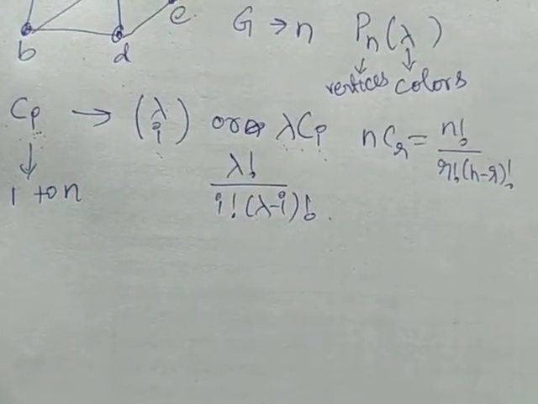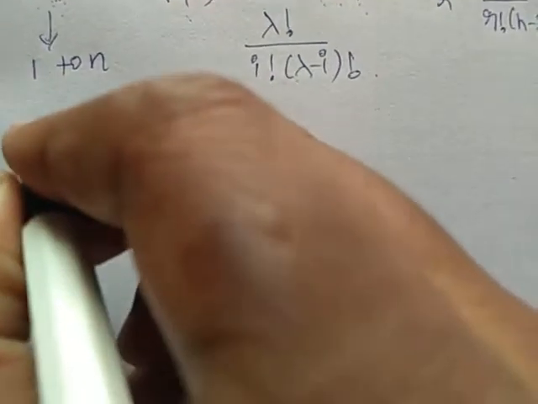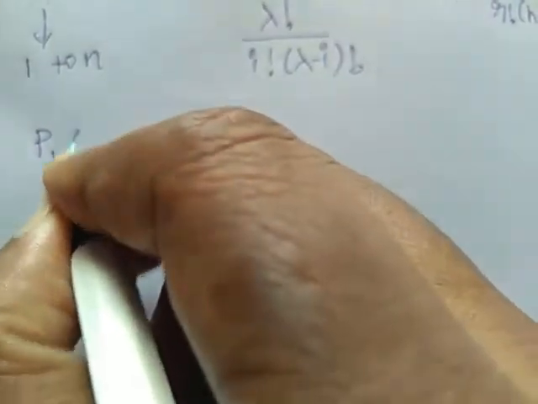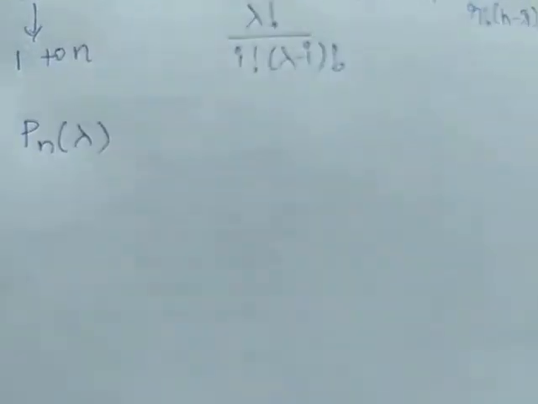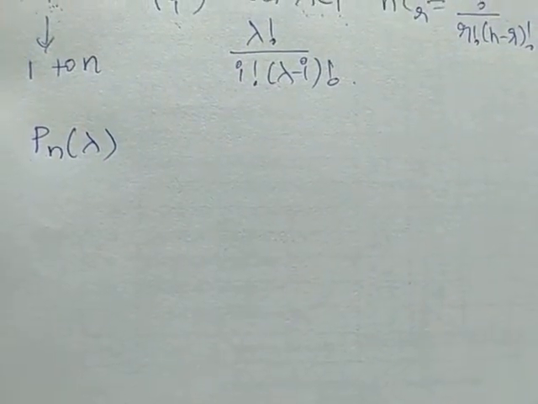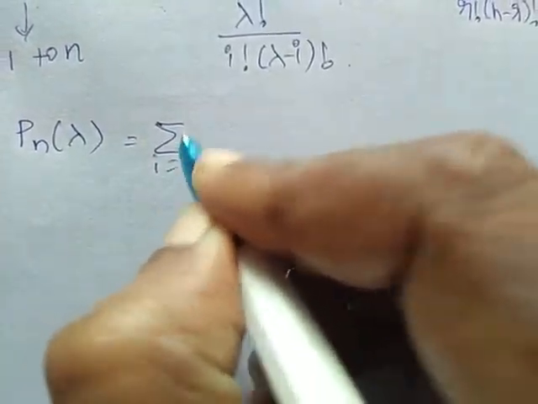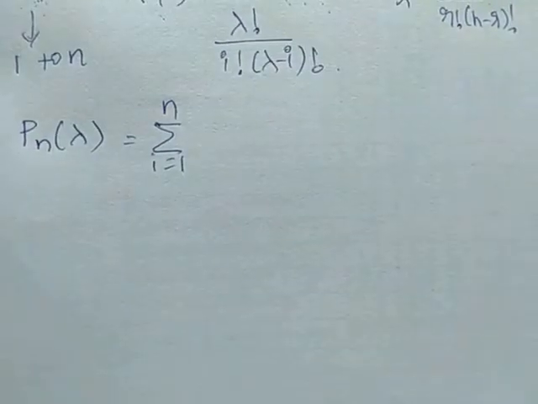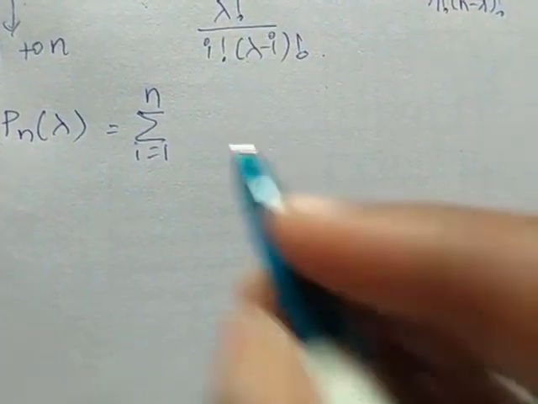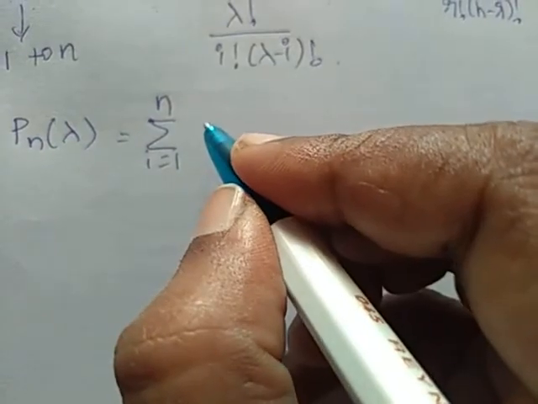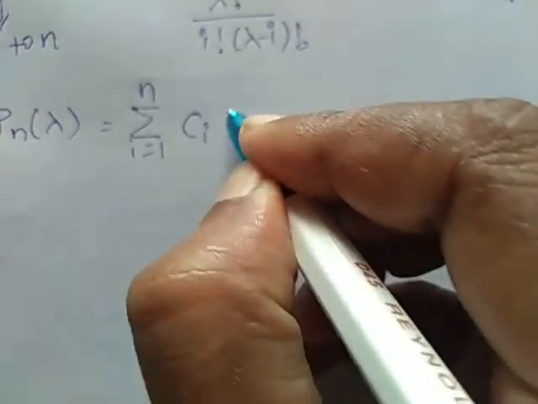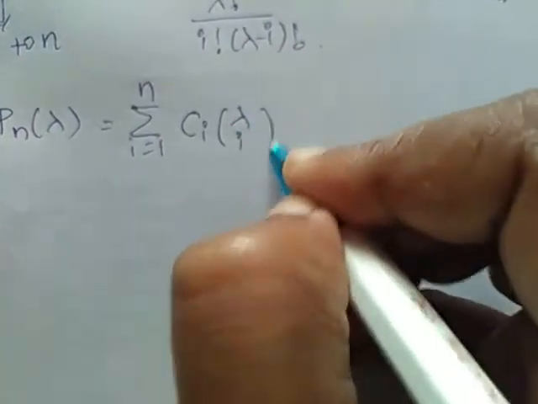Now we will find our chromatic polynomial Pn of lambda. So this is given by, maximum we can have n number of colors because it is having n number of vertices. Summation of Ci lambda i.